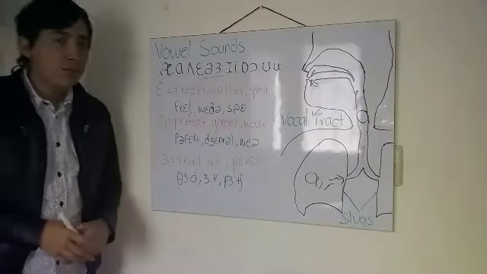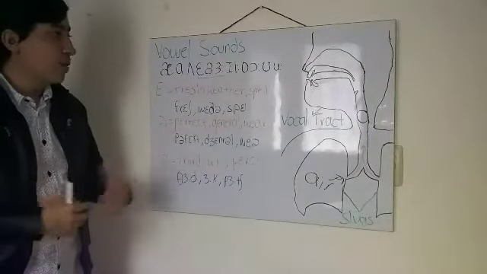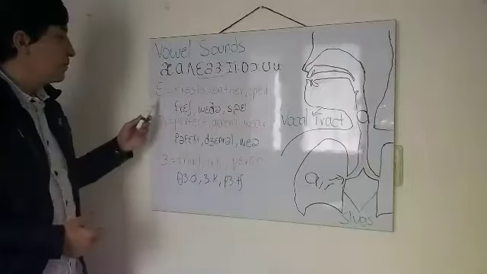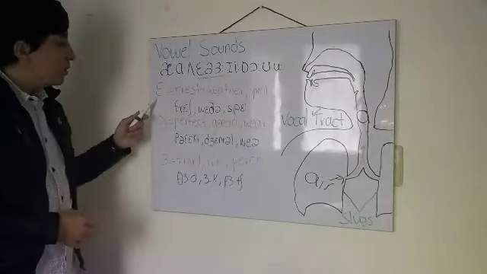Okay, we are going to continue with the second part of the vowel sounds, the sounds of E. We can find three variations for the sound.